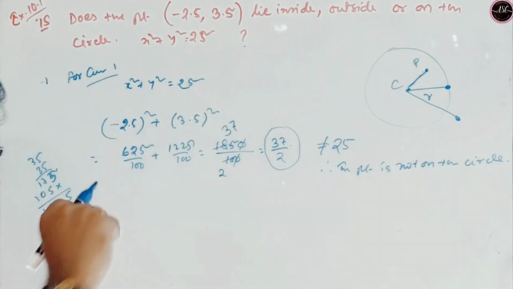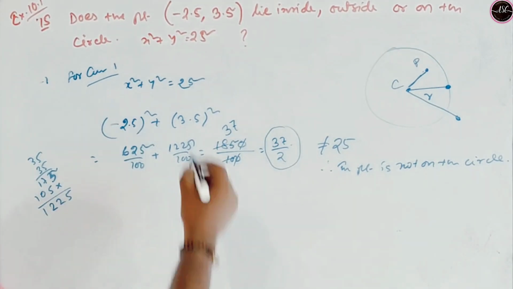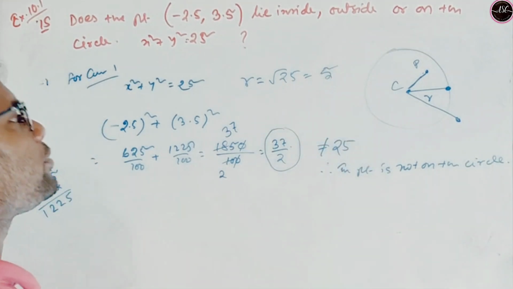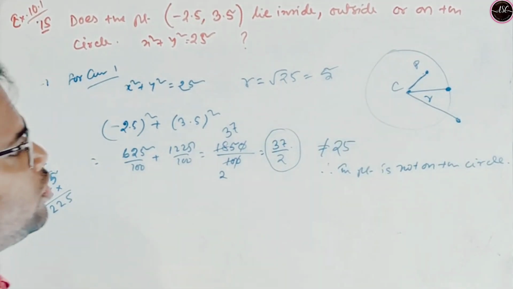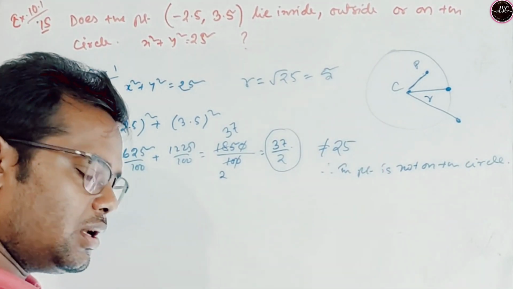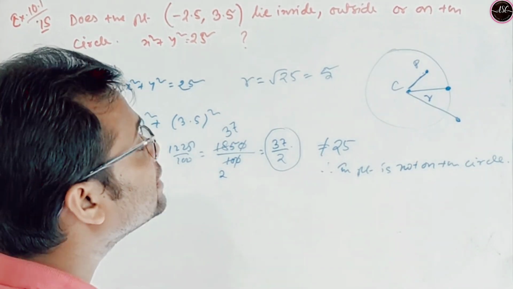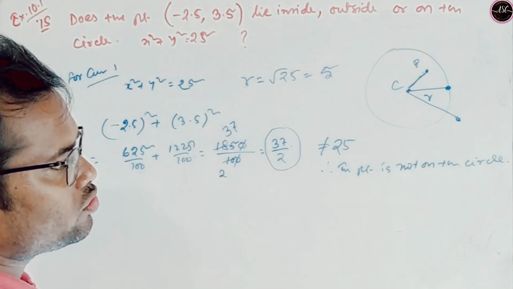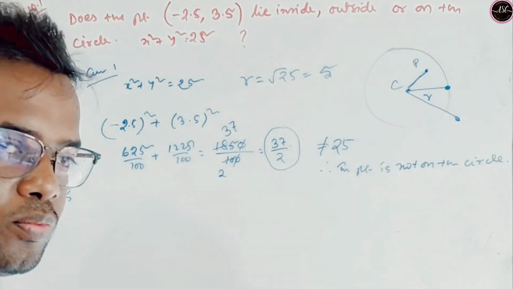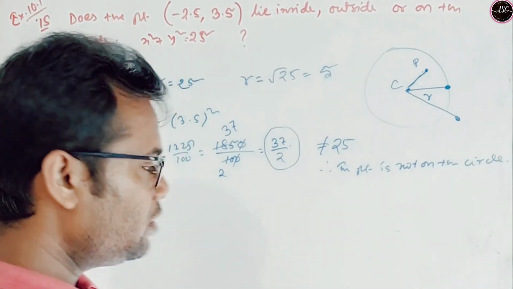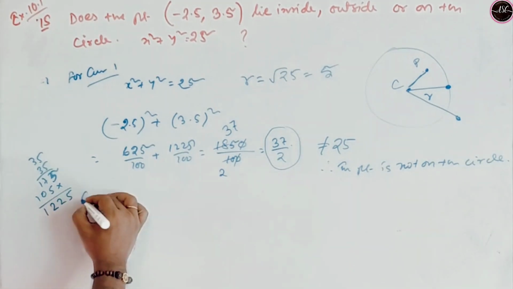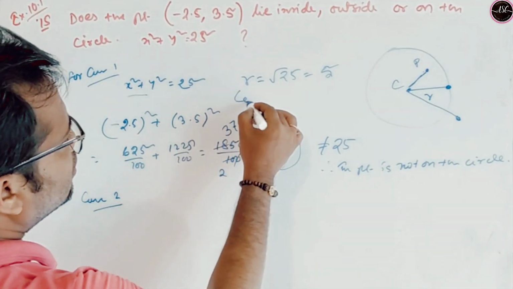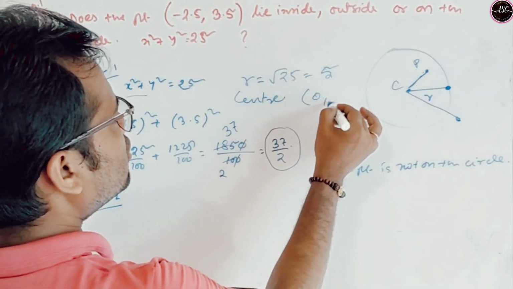Now here r equals root of 25, that means 5. The radius is 5. So the distance is either greater than or less than 5, as the distance is not equal to 5. So this is not on the circle, and there are two possible cases. For case 2, the center is (0, 0).